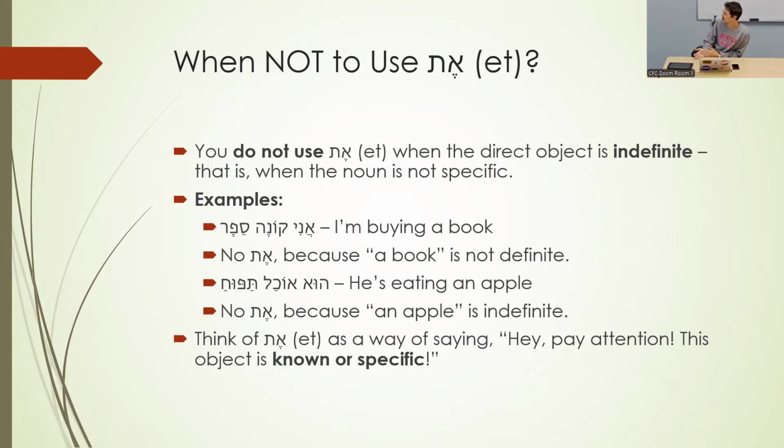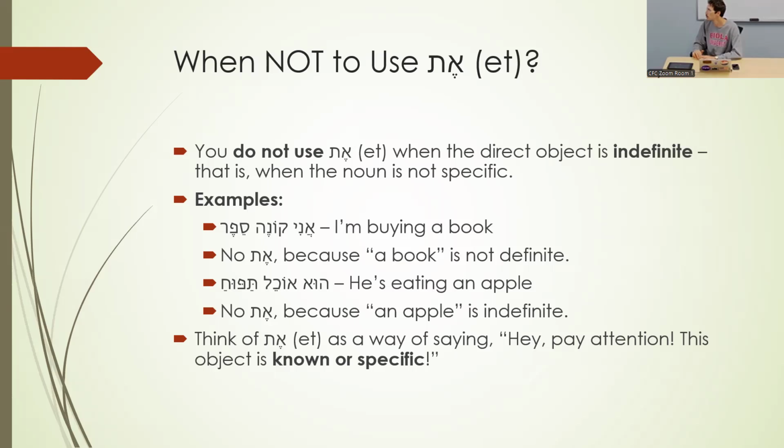So the following example, hu ochel tapuach, he's eating an apple. Not hu ochel et tapuach, ochel tapuach, an apple. He's not eating the apple, it's something different. Ochel et hatapuach. But I can't put hey there and not put et, is what I would say.